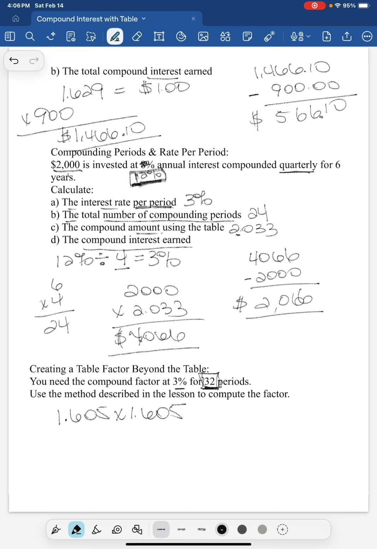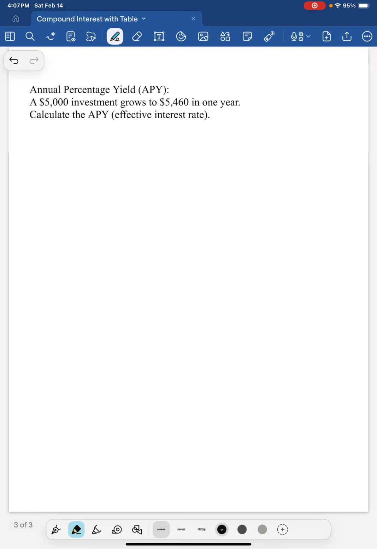We find the factor at that percent for half of it, and then we just multiply it times itself, and 1.605 times 1.605 is equal to 2.576. And there's more information again about that in your module, but that is how you would determine if you have a factor, if you have pay periods that go beyond what your table offers you. Okay, we've got one more we're going to look at together.